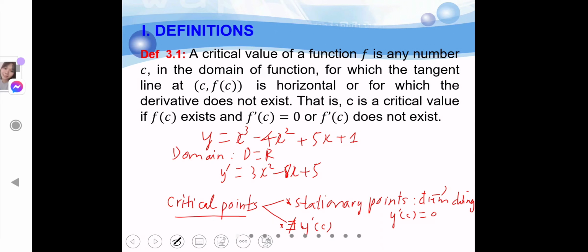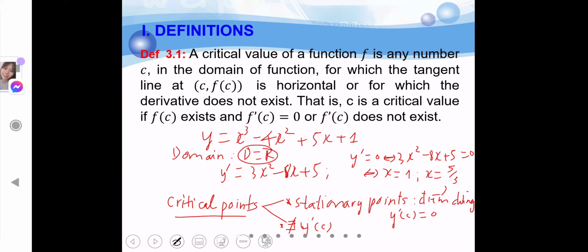In this case, y prime equals 0 is equivalent to 3x squared minus 8x plus 5 equals 0. So x equals 1 and x equals 5/3. In this case, 1 and 5/3 belong to the domain of the given function.